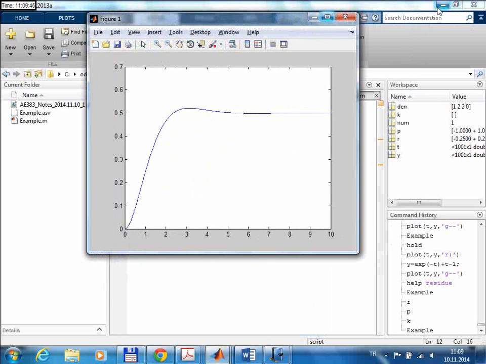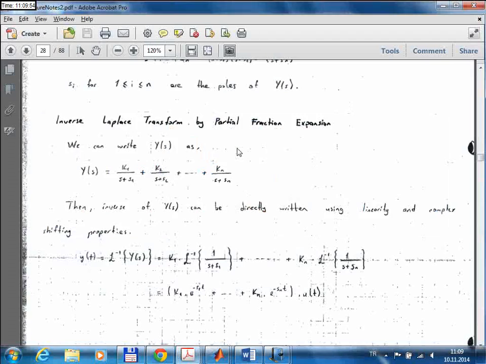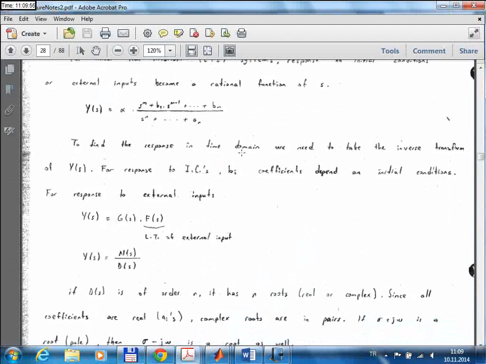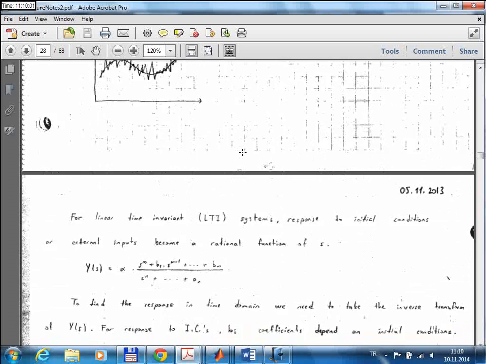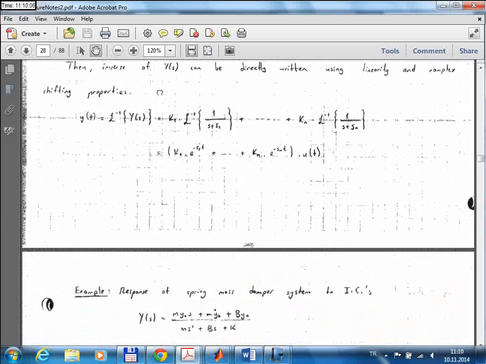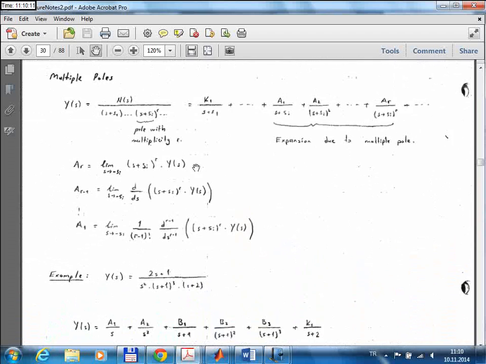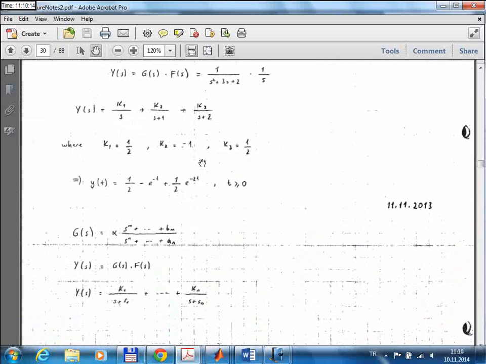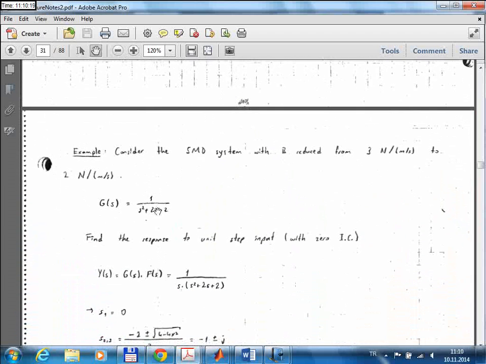Okay, so let's experiment on this simple code and let's try different numbers. Well, anyway, so remember these were the physical properties of the system, right?